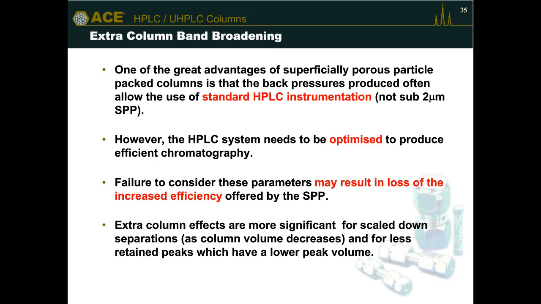So do try and optimize your instrument so it has low extra column volumes. You don't have any extra tubing that you don't need. The flow cell is the right size for very small peaks. The sampling rate is turned up to cope with very small peaks as well.